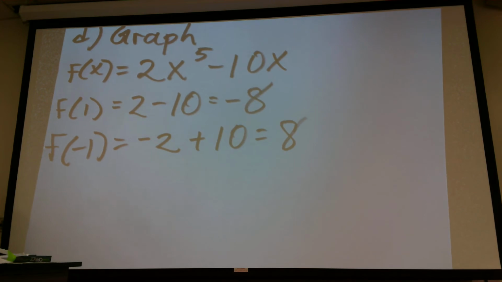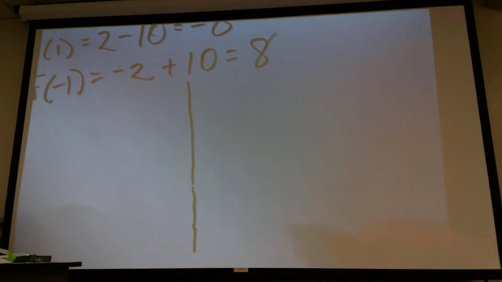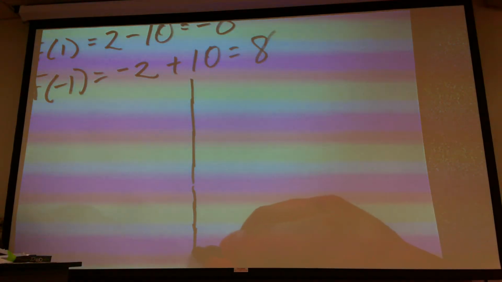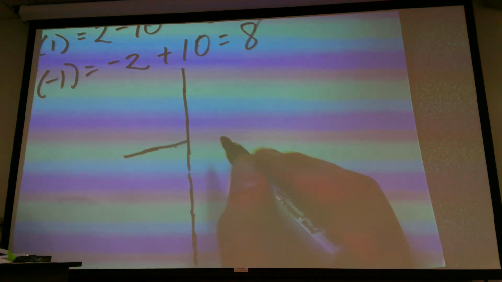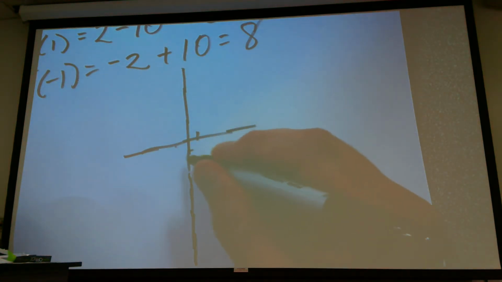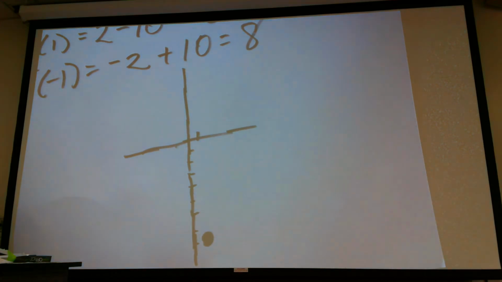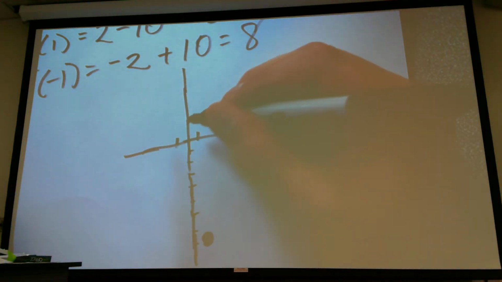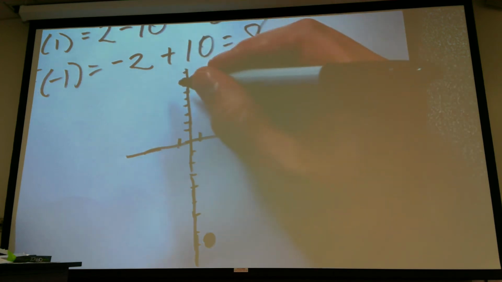This is what we're trying to concentrate on. Here at 1, we're out at 1, 2, 3, 4, 5, 6, 7, 8. Now here at negative 1, we're at 1, 2, 3, 4, 5, 6, 7, 8.